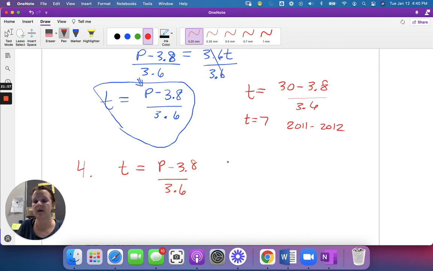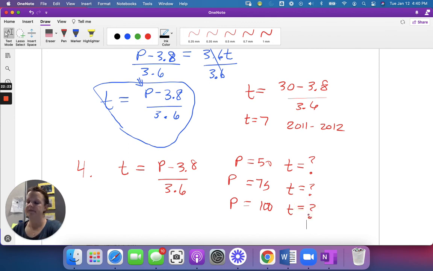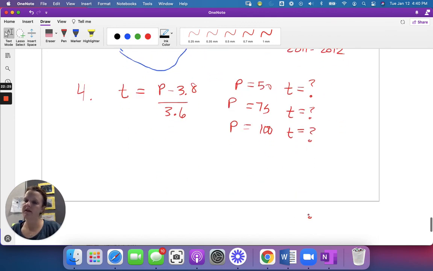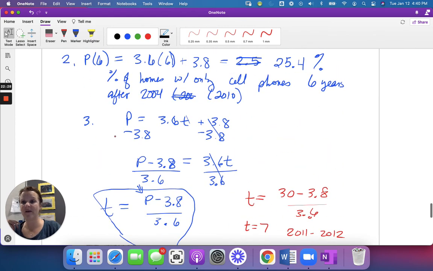We could find out what year our percentage was 50, our percentage was 75, and our percentage was 100. Very easily using that inverse function, without doing all the subtract both sides, divide, etc. We're just going to use that inverse function. And I think that was it. Correct. All right, that was a tad bit long.